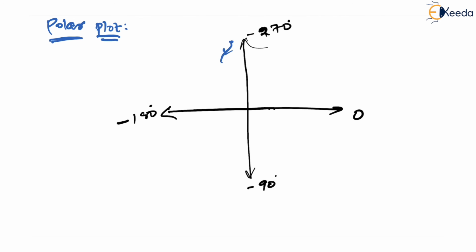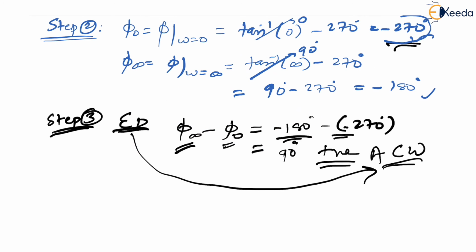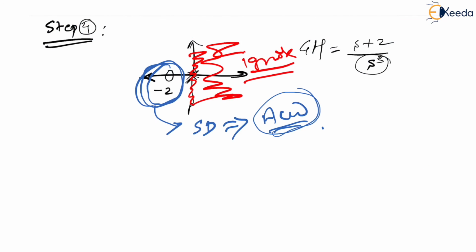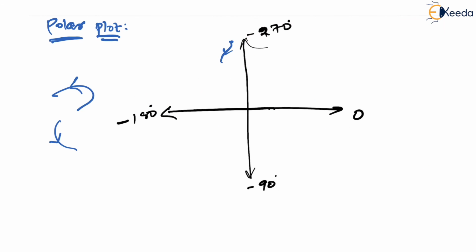Anti-clockwise is this direction. What about the ending direction? The ending direction is also anti-clockwise. So the ending direction is here, which is anti-clockwise. This is at omega equal to 0 and this is at omega equal to infinity.